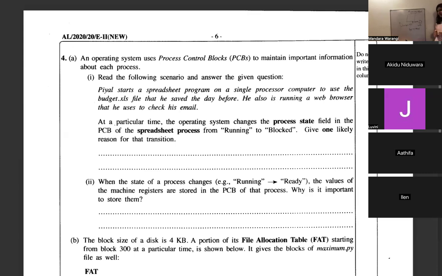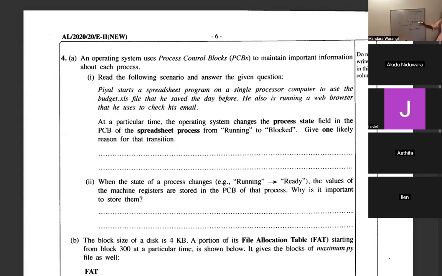Or imagine he wants to write to another file, or he is searching on the web, and suddenly he wants to access the spreadsheet.